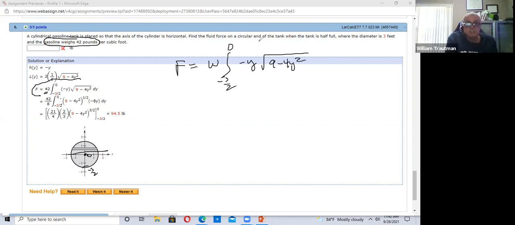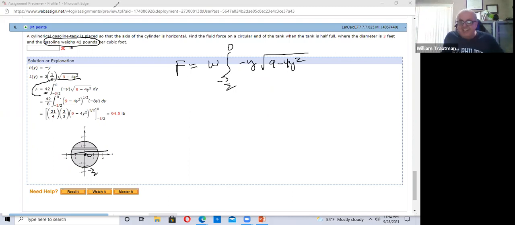Okay, so then we go through the same process as last time. It just becomes a big mess. Let's see how they did this. Oh, I see how they did this now. Okay. We have to integrate this.